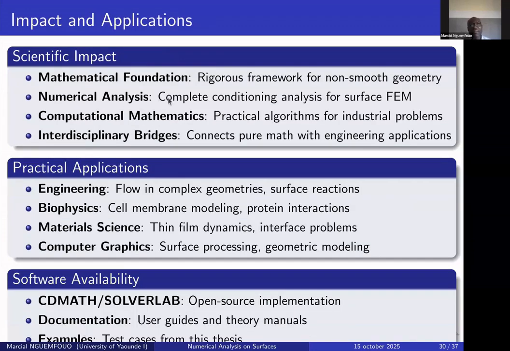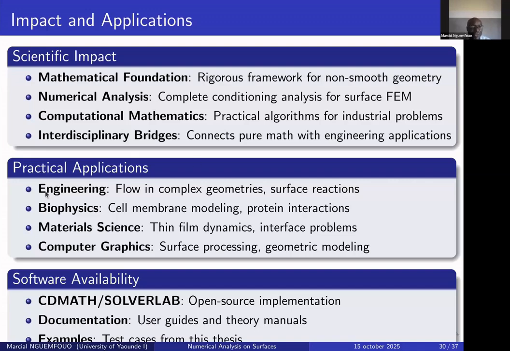Impact: mathematical foundation, a rigorous framework for non-smooth geometry; numerical analysis and computational mathematics, practical algorithms for industrial problems; interdisciplinary bridges, connecting pure math with engineering applications, with more complicated problems that we can solve on manifolds.